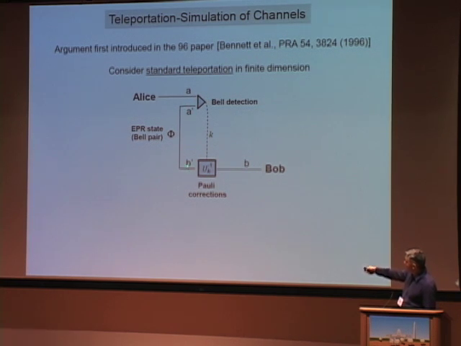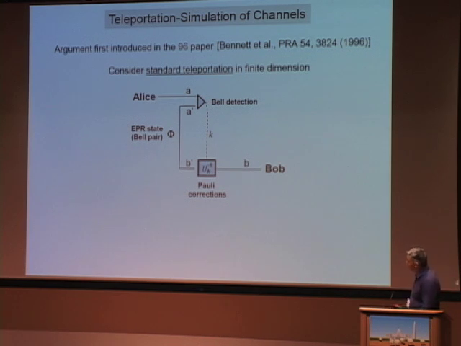It's a maximally entangled state. Alice has an input system, and she applies a Bell detection on these two systems. There's an output K, which is just 4 numbers for qubits, and this is communicated to Bob. Bob applies some corrections, which are basically Pauli operators depending on K, and receives the output system B.